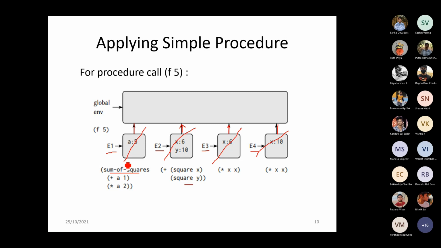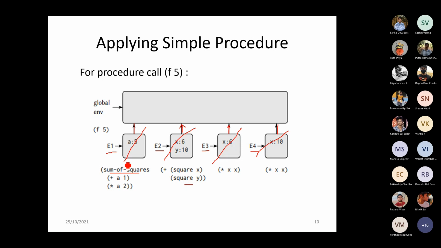So as and when the procedure call happens, it keeps creating the frame, and to access the contents it makes use of the interface, that is the pointer, which will be pointing to the global environment.